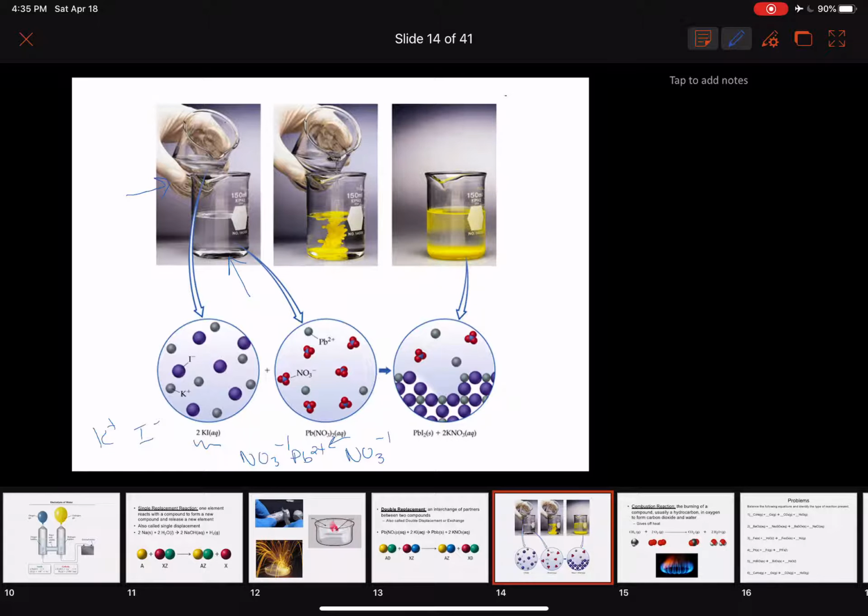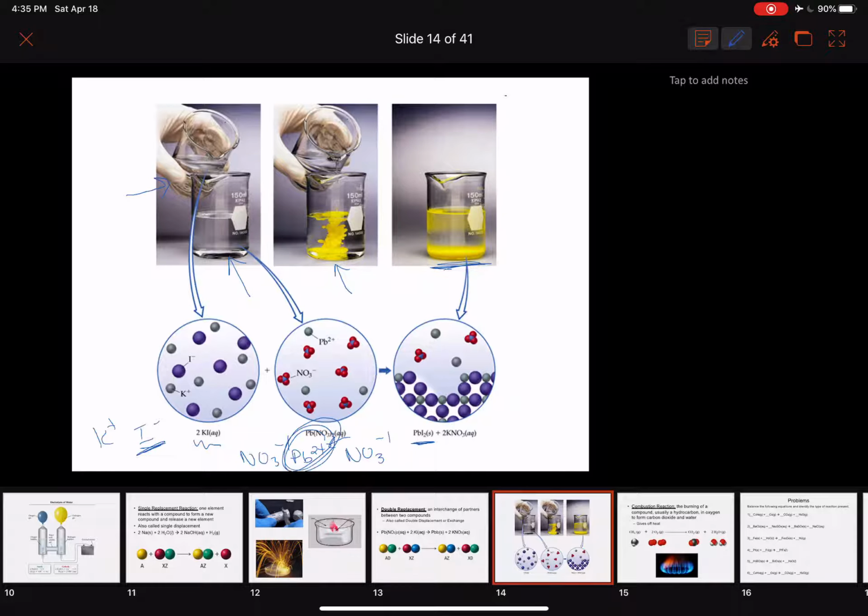But anyways, when we put these two things together, the lead right here is going to find 2 iodides, and it's going to form PbI2, and that's a solid. And you guys can see it forms this lovely yellow solid here. And if you give it a little bit of time, it will settle out on the bottom.